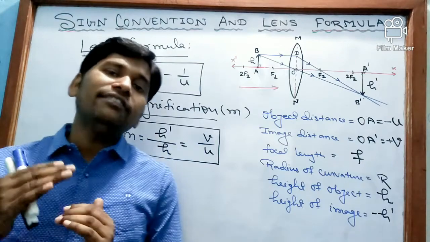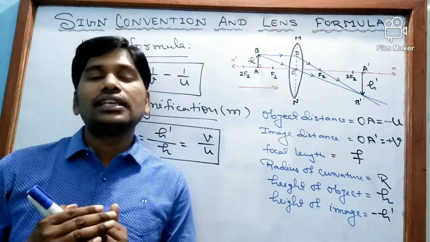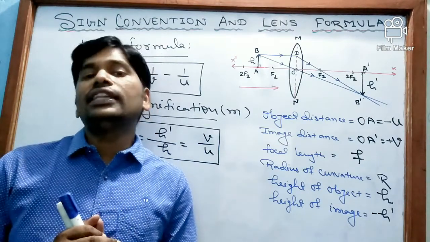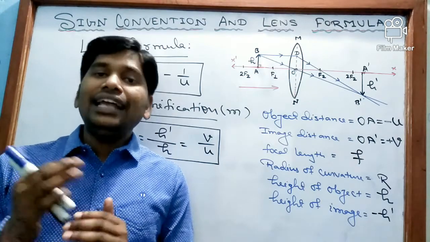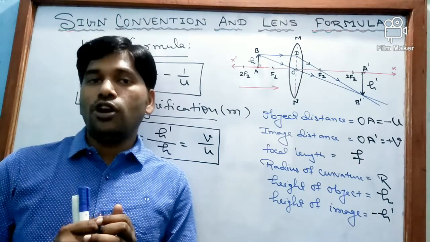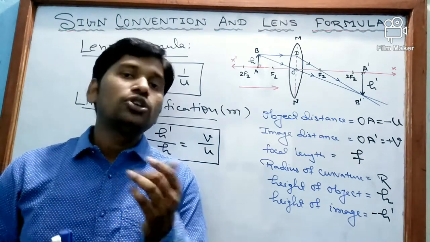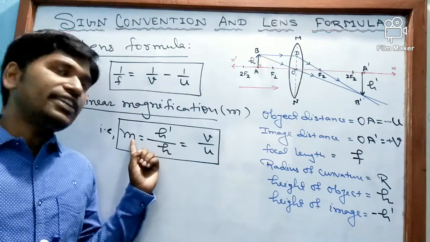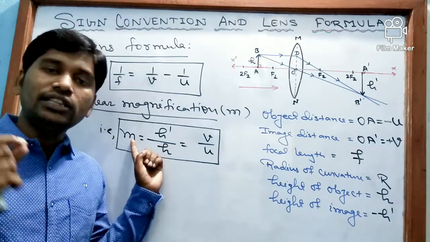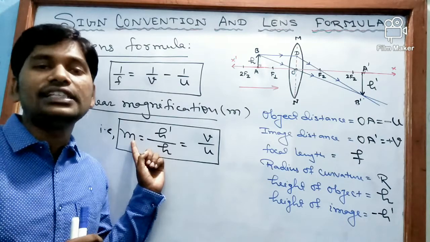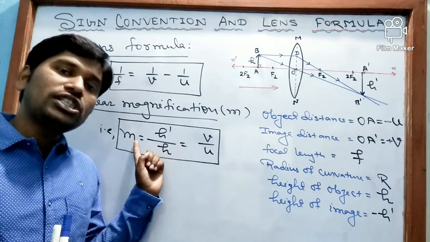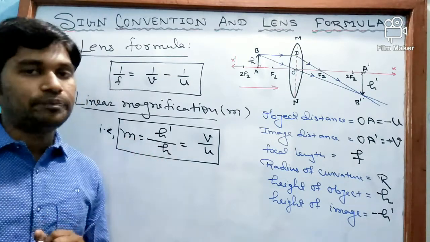As we know, a concave lens forms images which are smaller than the object, and it forms a virtual, erect image. So the magnification for a concave lens will be always positive but less than 1.